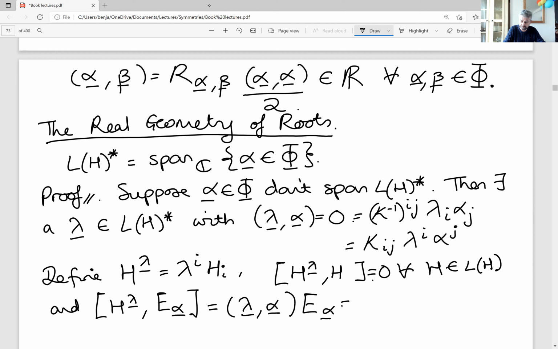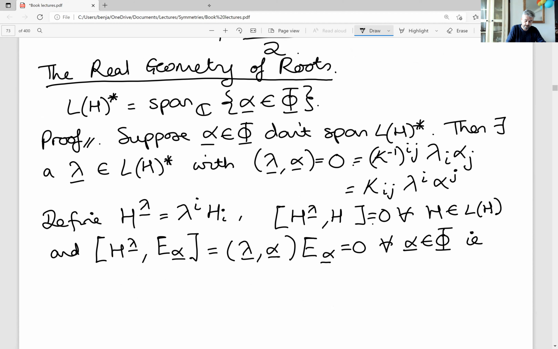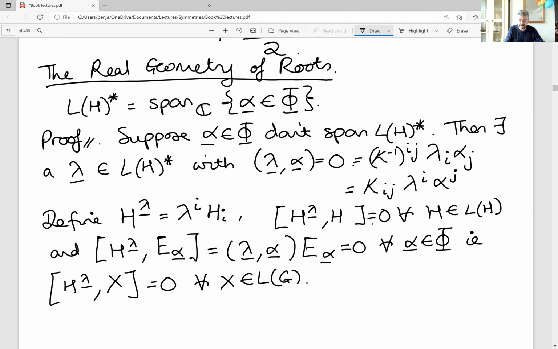So this is 0 for all alpha in the root set. So in other words, this h lambda commutes with all possible elements of the Lie algebra. And that's because we expand these in terms of the Cartan subalgebra and these E alphas, but all of the commutators are 0.